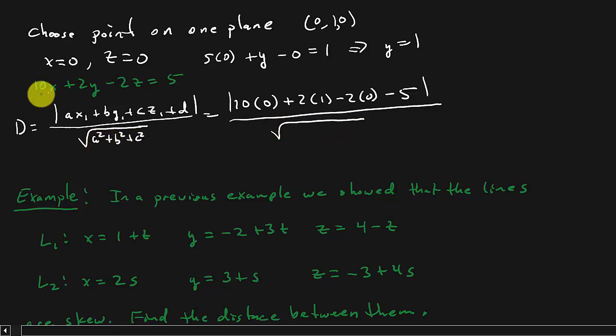So there's A, B, and C. So that's 10 squared plus 2 squared plus negative 2 squared. And when you punch all that into your calculator and rationalize the denominator and all that good stuff, you get square root of 3 over 6. Or you could just put it all in your calculator and write a decimal answer.